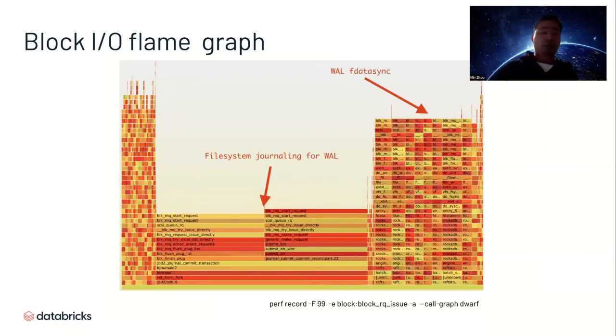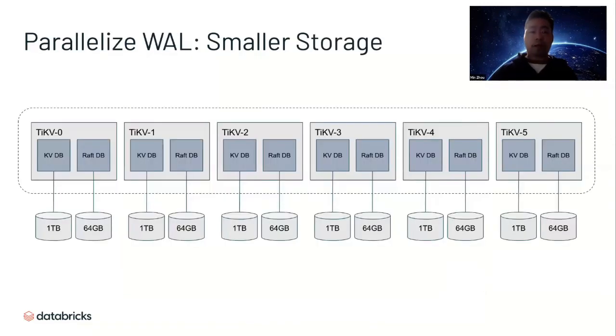So we want to find a solution for it. The first workaround we can think about is whether we can do it very quickly in a short time from the hardware side, so whether we can parallelize these WAL logs. The first idea is to use a smaller instance and smaller storage.